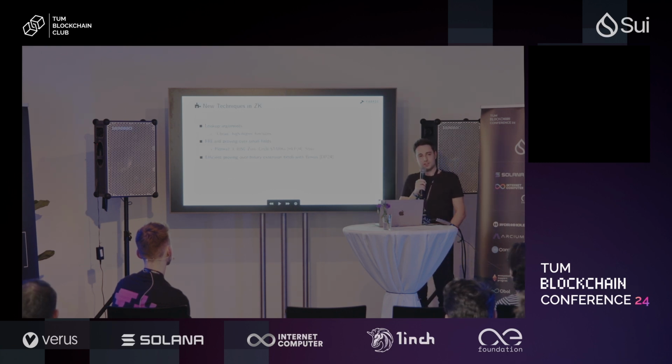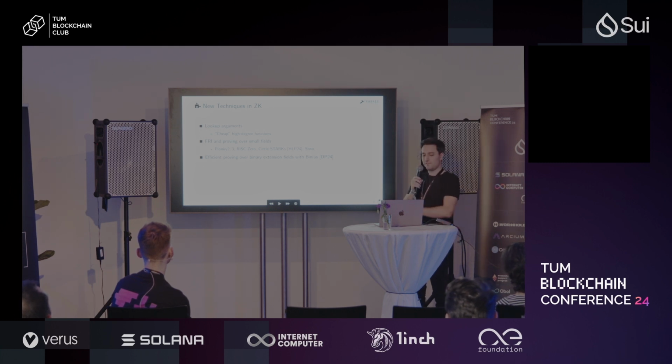So we have lookup arguments, which are very nice because they allow someone to rather cheaply prove the equivalence of high degree functions, which before was not really possible very efficiently. We have FRI, we have smaller fields, so you may know Plonky2, Plonky3, RISC Zero, a very nice technique, Circle STARKs, which makes FFTs over Mersenne primes very, very efficient. And I think Stwo actually uses the Circle STARKs.